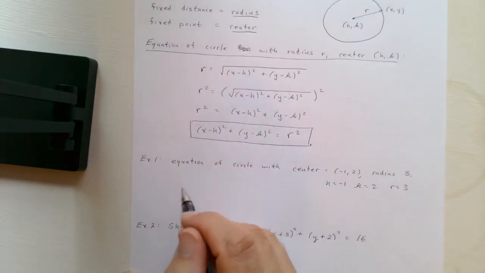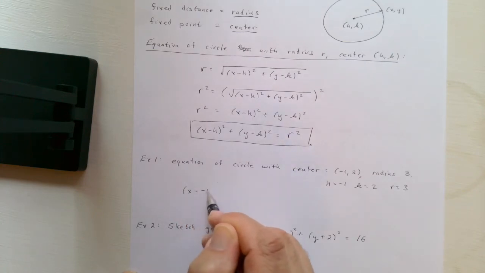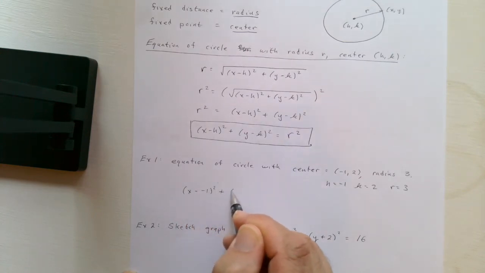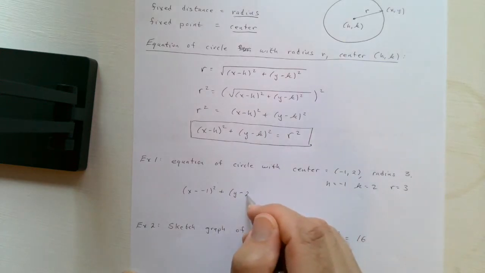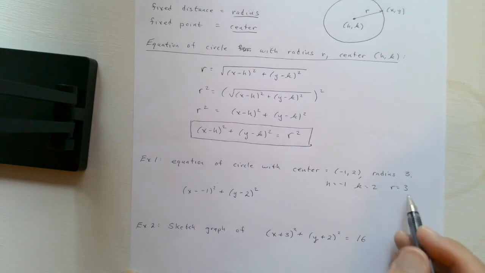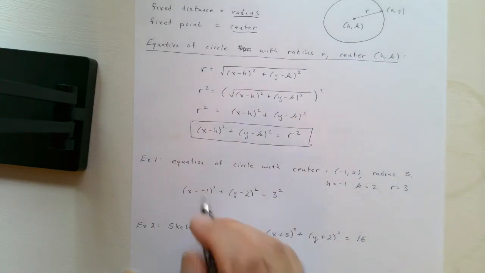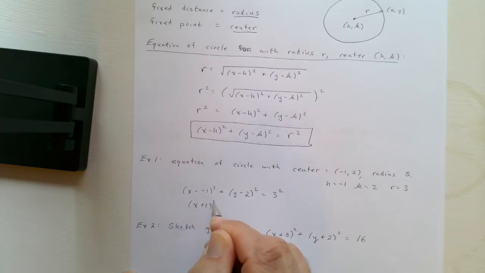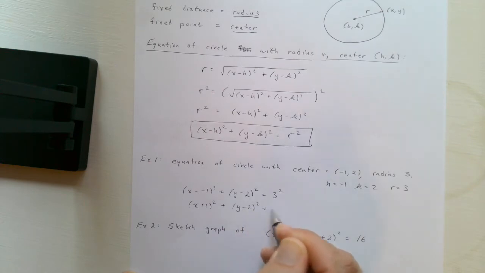We substitute in, and we get (x minus negative 1) squared plus (y minus 2) squared equals 3 squared. These cancel, and we get (x plus 1) squared plus (y minus 2) squared equals 9.